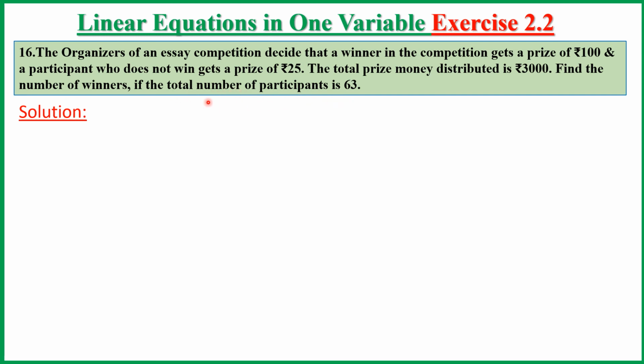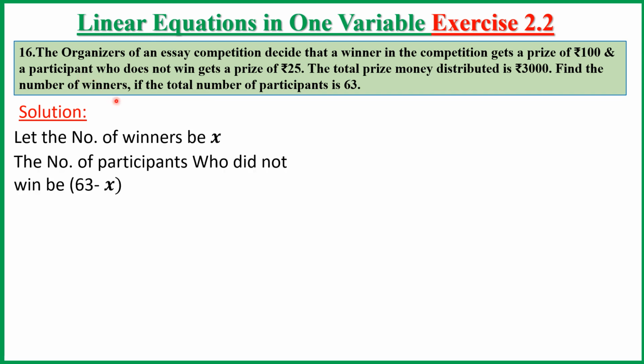The question is very straight. So we have to find the number of winners. So let the number of winners be x. So the number of participants who did not win is 63 minus x. 63 is the total participants. x is the number of winners. If you subtract these both, you will get the number of participants who did not win.